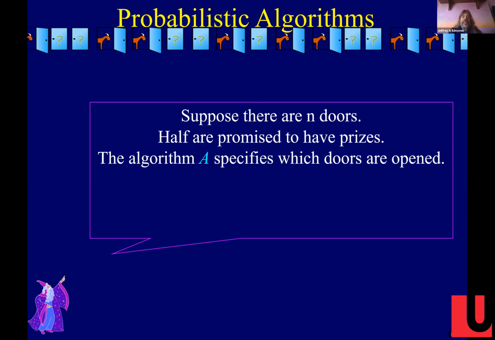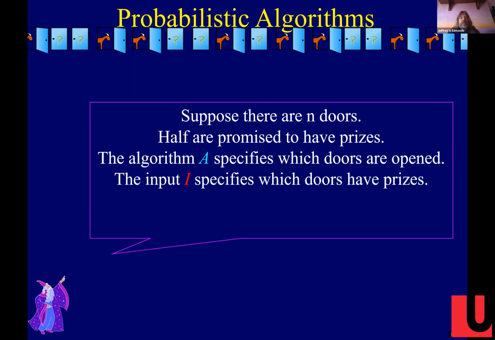Your goal is to come up with an algorithm, which says, okay, open door 78, now open door 31, and so on. The algorithm tells you which doors to open and the order to open them. The input to the problem specifies which half of the doors have prizes.